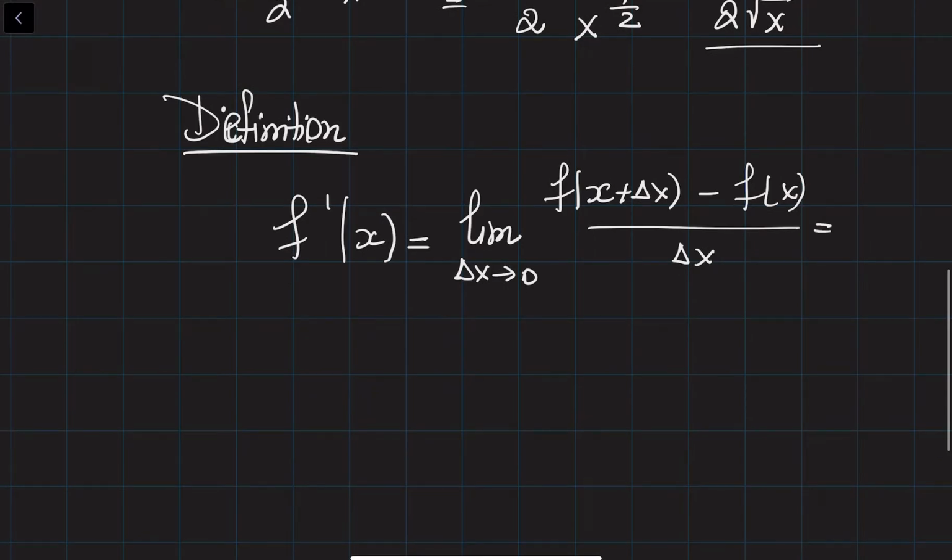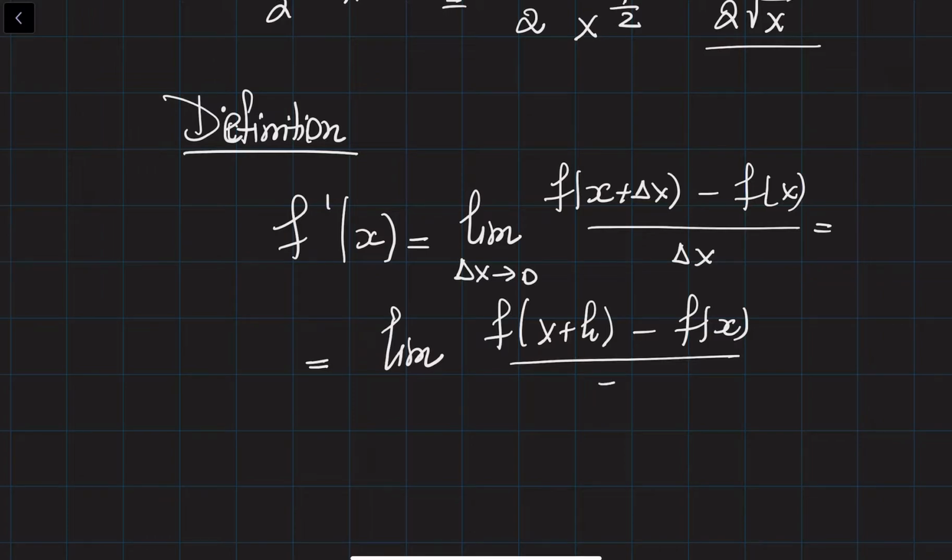Sometimes we denote this delta x with another letter. So let's denote this with h. I'm going to write this down a little differently so that it's going to be easier for us in our calculations: f of x plus h minus f of x divided by h, where this h goes to 0.